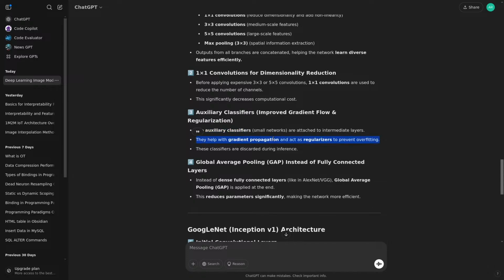There will be gradient propagation, and they act as regularizers to prevent overfitting. These classifiers are discarded during inference.